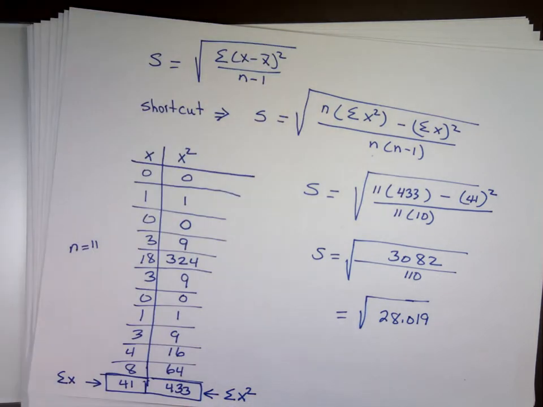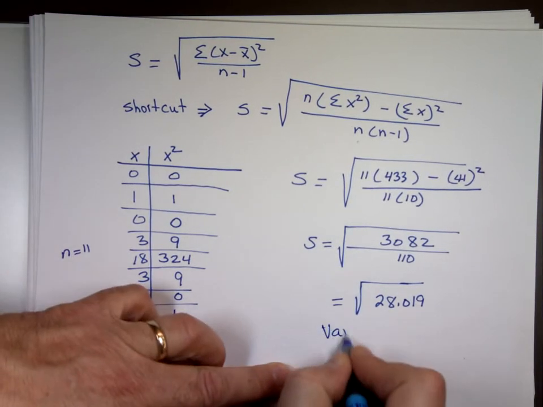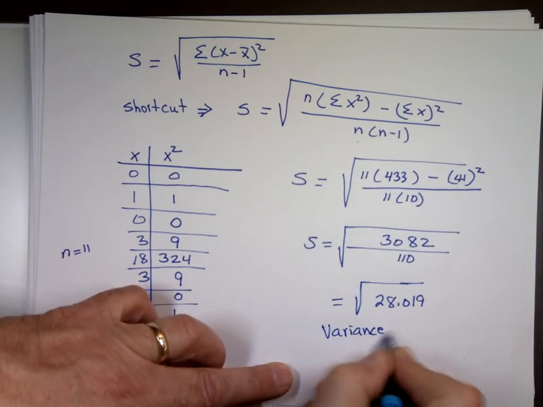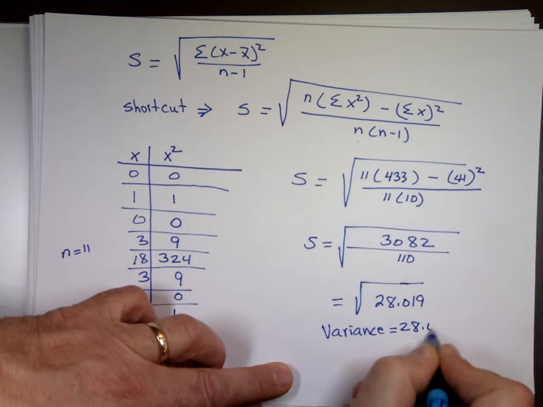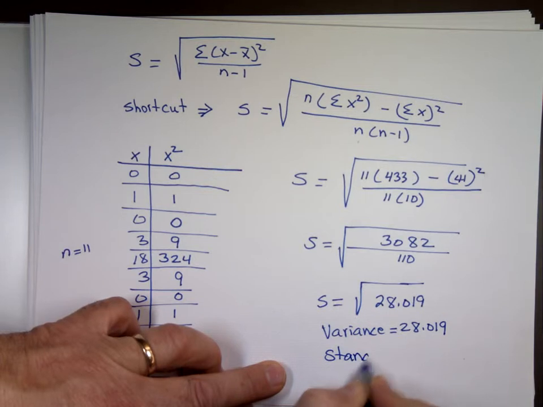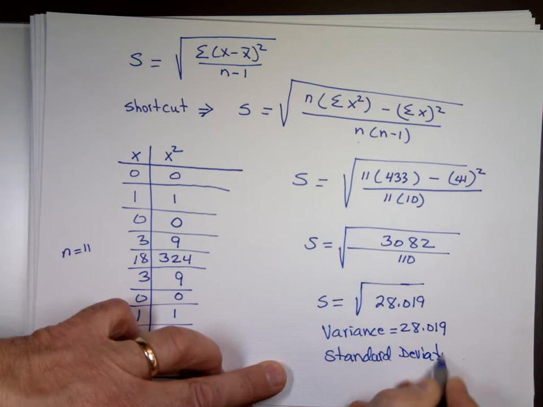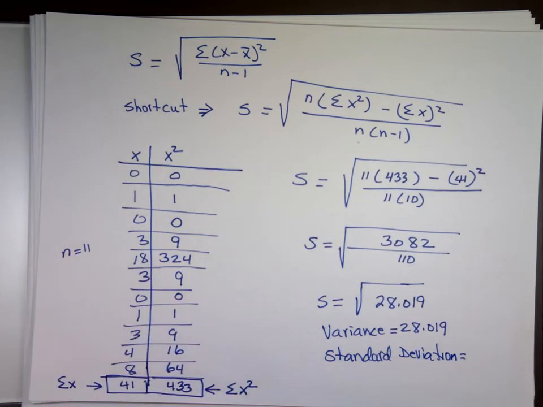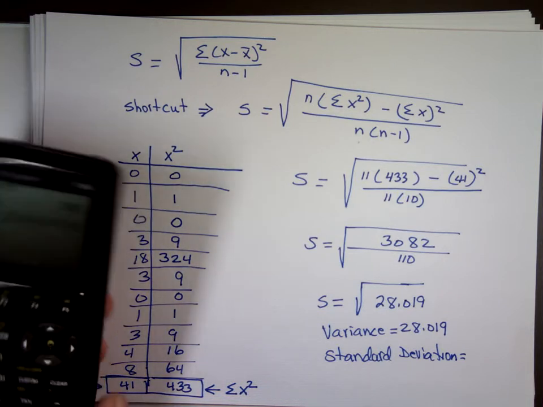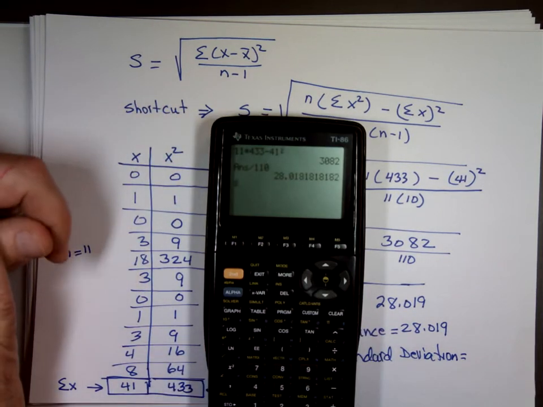Again, my variance here equals 28.019, and for my standard deviation we take the square root of that number. Actually, I wrote it wrong here. Look at this number: 28.0182.